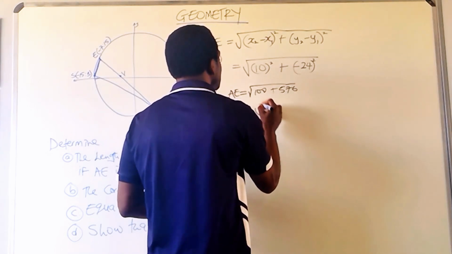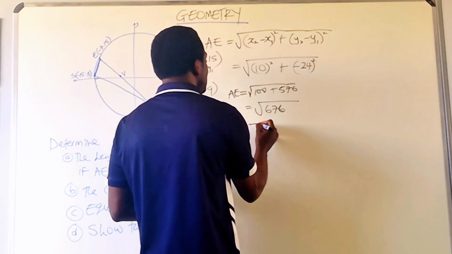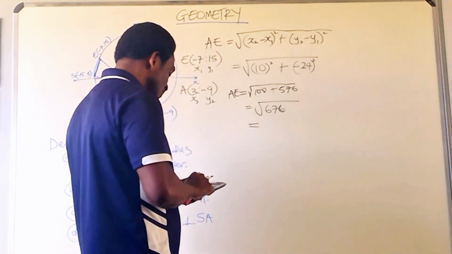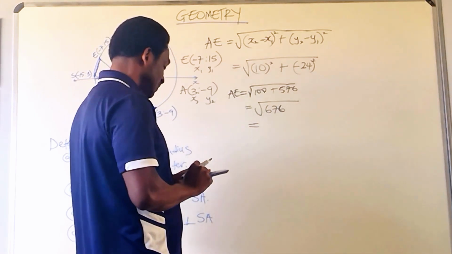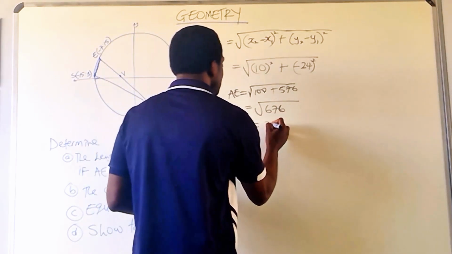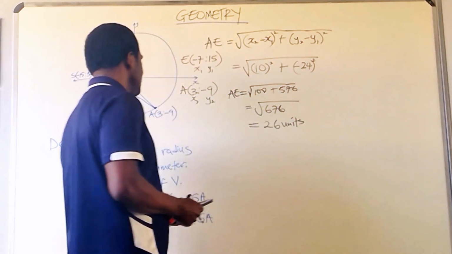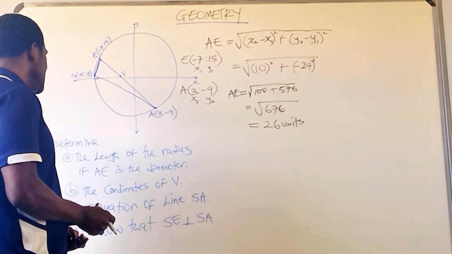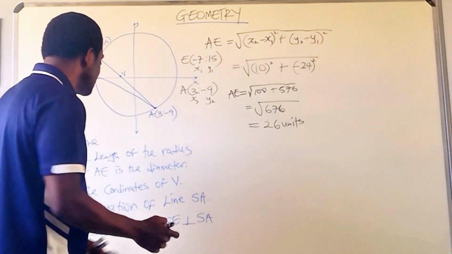So we are looking at the square root of 676 as the length of AE. The root of 676 is 26. So AE is 26 units. But they want the length of the radius.